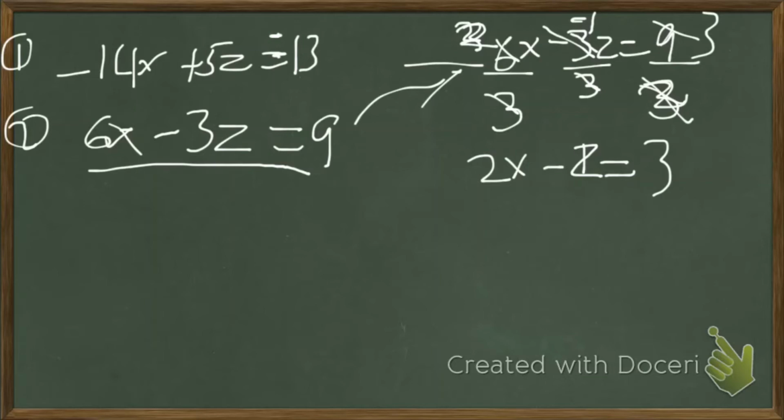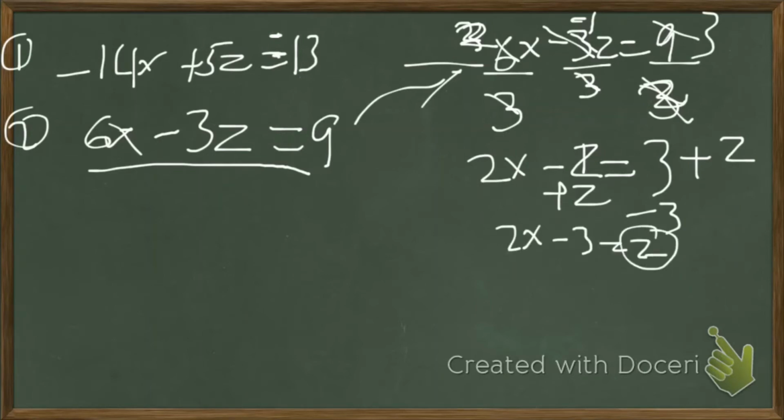And now I can easily get z: I just add z on both sides and subtract 3, so 2x minus 3 equals z. Now I'm going to substitute this z into the other equation to find the value of x.